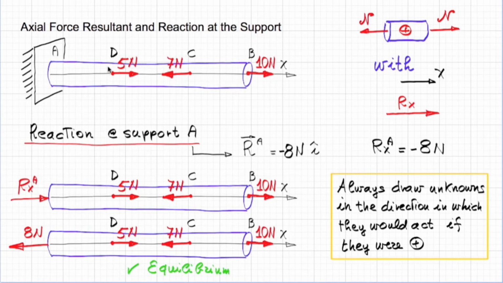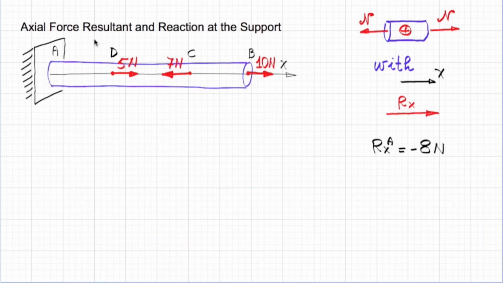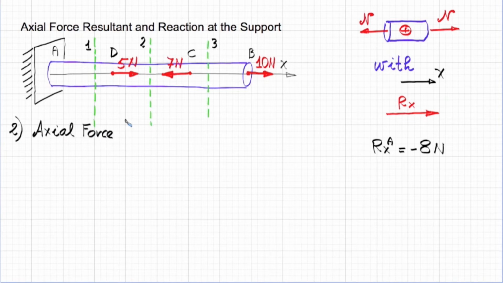In order to understand everything that happens inside the bar, it's going to be enough to examine the level of force that is carried in a section between D and the wall. Let's call this section 1. Between D and C, this is going to be our section 2, and between C and B, this is going to be our section 3. So our task is to obtain N at these 3 sections.